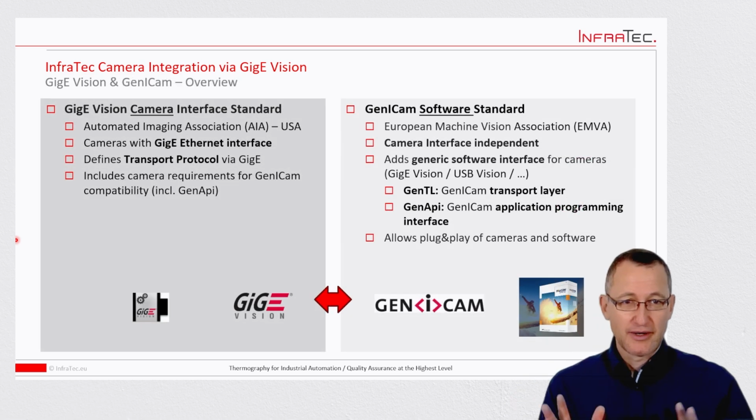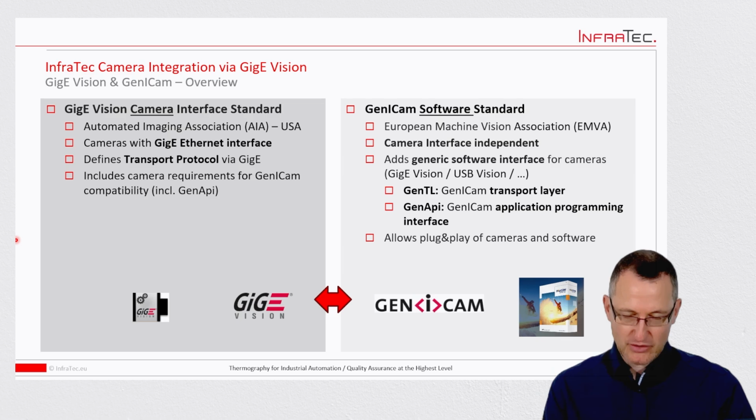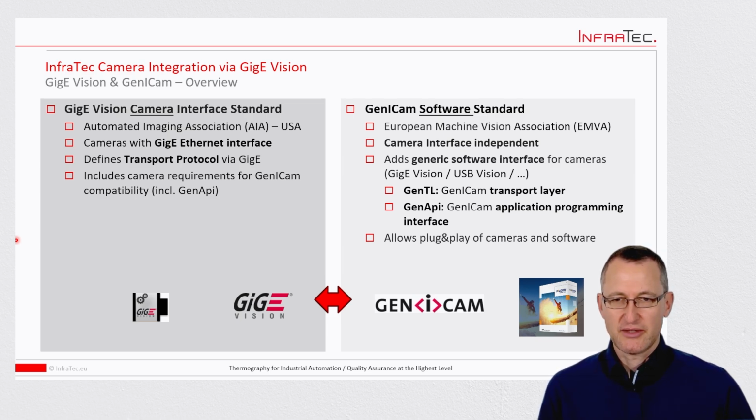To give some more details about GigiVision and GenICam: first there was the GigiVision interface standard. This was on the camera side. It is based on the gigabit Ethernet interface, and it defines the transport protocol via that interface. Later, on the other side, there was GenICam.